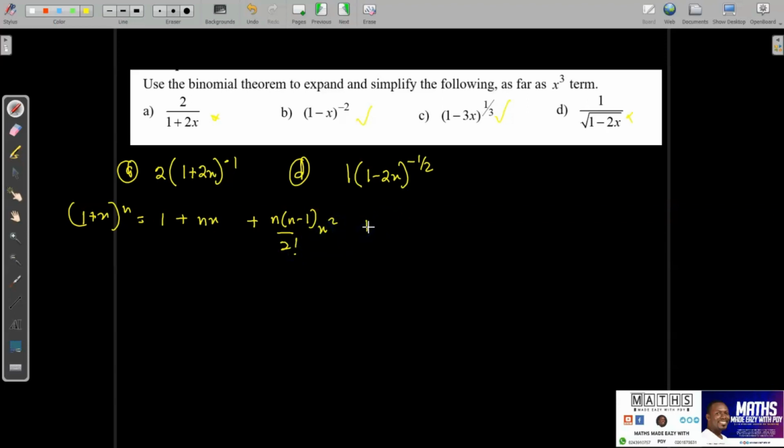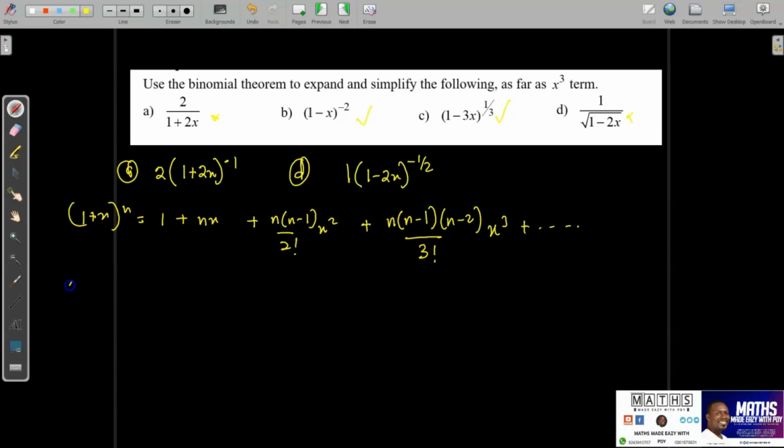And then the fourth term, which is the x cubed term, is going to be n times n minus 1 times n minus 2 all over 3 factorial then x cubed. So this is the expansion up to the x cubed term. That's the binomial theorem for that.